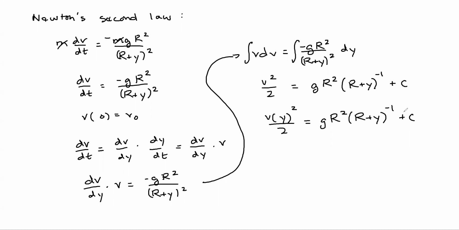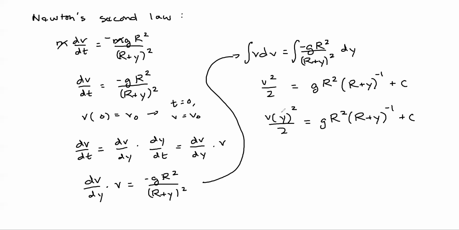So if we want to solve for c, we need to plug in something for the velocity here. Well, what we've got is the velocity at time 0. It says that when t equals 0, the velocity is equal to v naught, at the initial time. We know the initial time also corresponds to the surface of the Earth.